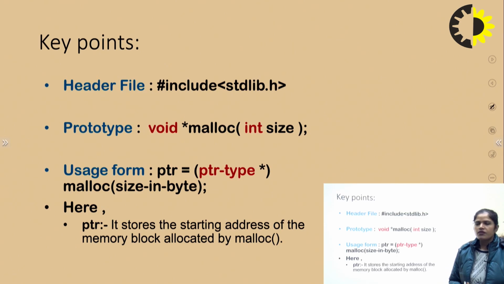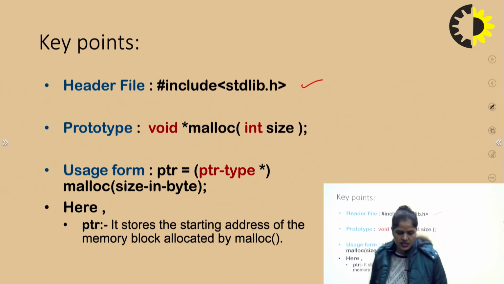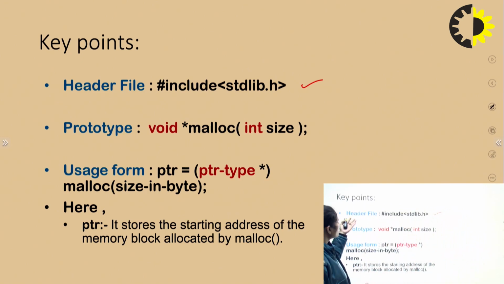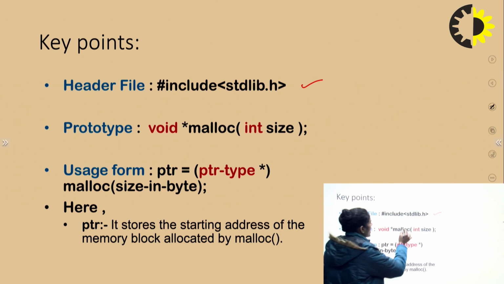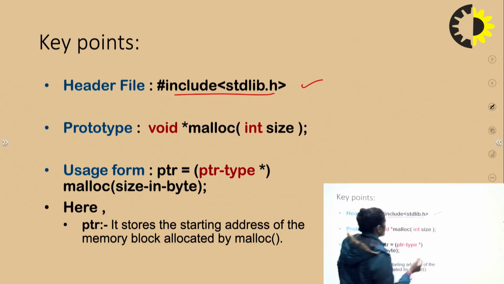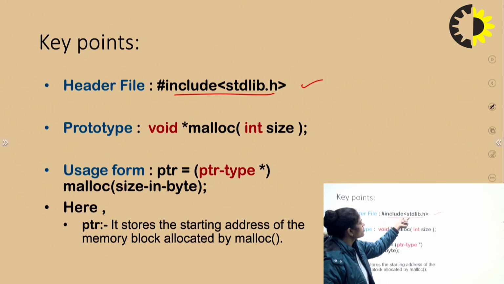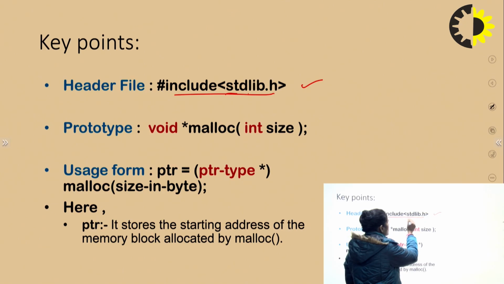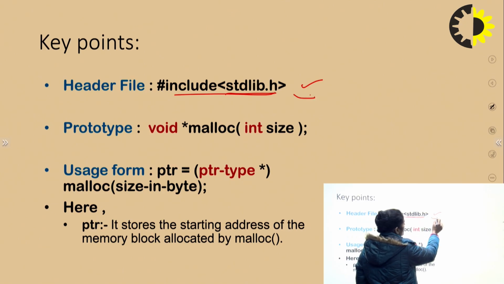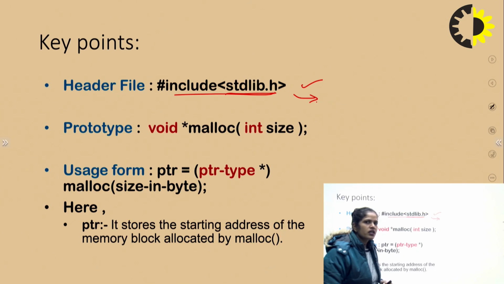So here we have the primarily important lines that help us work with it. Whenever we implement dynamic memory allocation methods or functions, we need to include a particular library. This library is the stdlib library. That means all the default functions supported by the C language are included in this library.